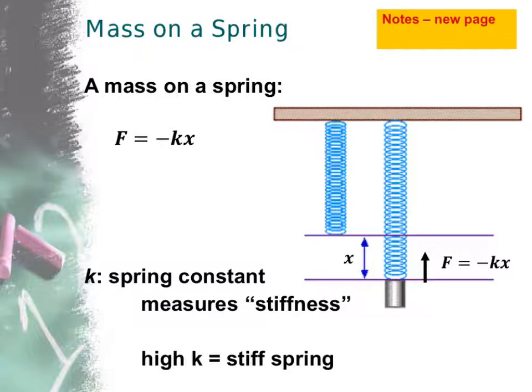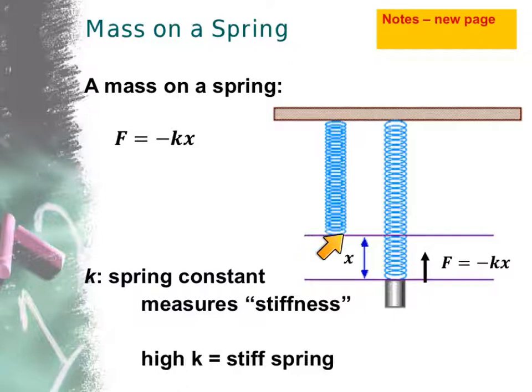But first, let's revisit Unit 2 when we were talking about spring forces and refresh our memory. Whenever we have a mass on a spring, we know that the force that the spring exerts on the mass is equal to negative k times x, where k is what's called a spring constant, which measures the stiffness of the spring, and x is the distance that you move the object from its equilibrium point.